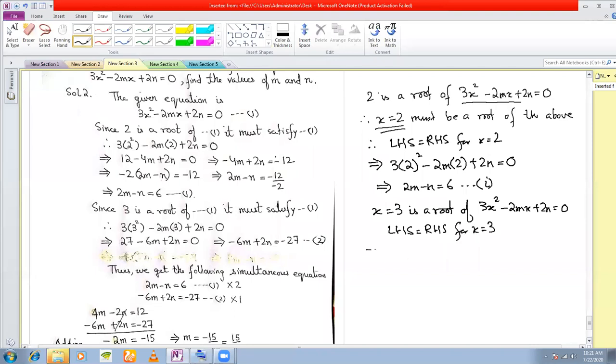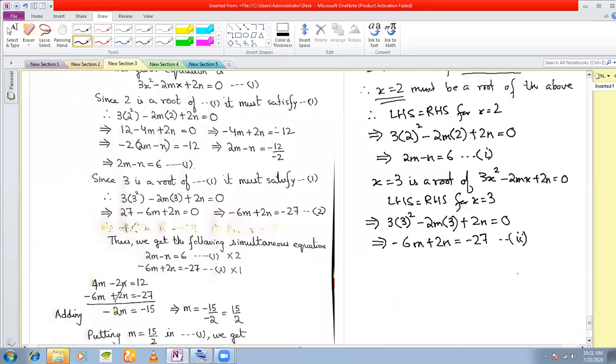So you simply put x equal to 3: 3 into 3 square minus 2m into 3 plus 2n equal to 0. So again you are going to get an equation in m and n. This time the equation will be minus 6m plus 2n is equal to minus 27. And now we are going to solve these two equations.